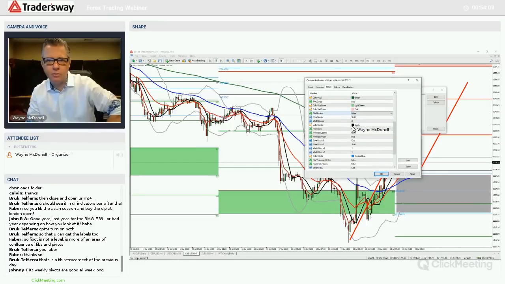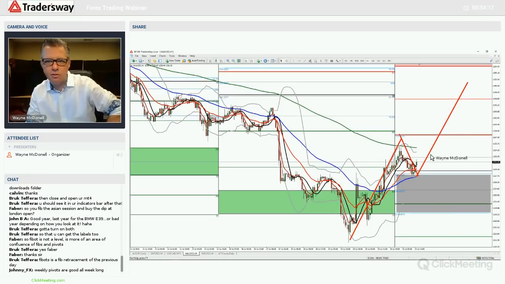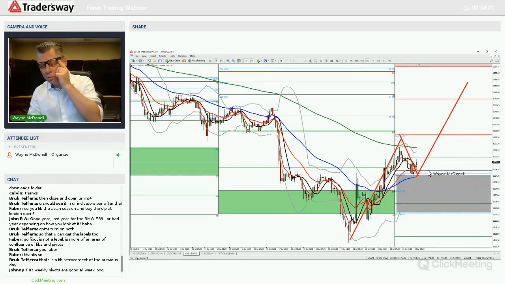Where's my pivot labels? Yeah, it makes it a little better. I don't know. Okay.